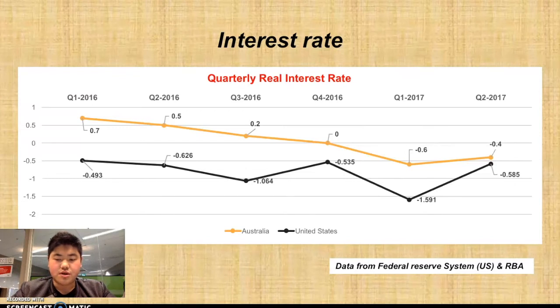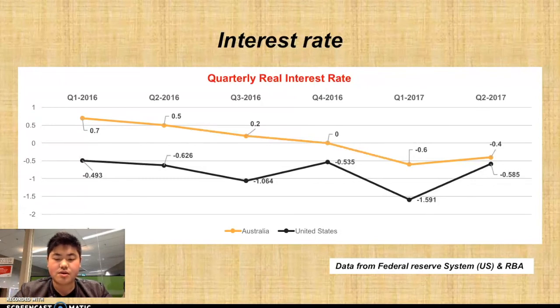We will turn to the interest rate of this currency pair. As we can see, the interest rate of Australia shows a step-down trend from 2016 to 2017, but the entire interest rate of Australia is basically above the one in the US. After the adjustment for inflation rate, in the first quarter of 2016, Australia reached a peak of 0.7%, which is much higher than the real interest rate of negative 0.493 in the US.